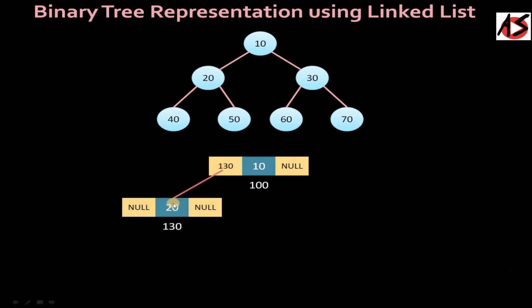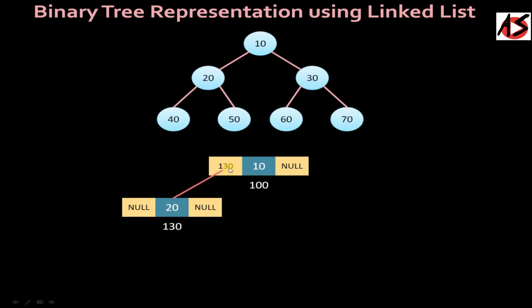So we will take 20 as the data part and left and right pointers as null. Since this node is at address 130, you update the left pointer link to 130. So now your root is connected to the left child using the link 130.